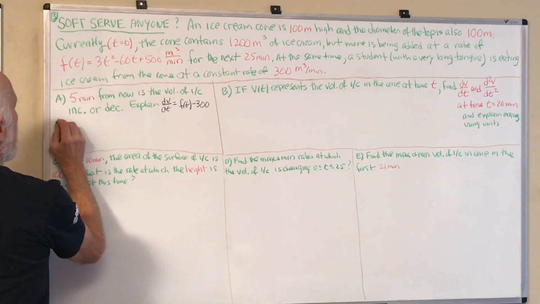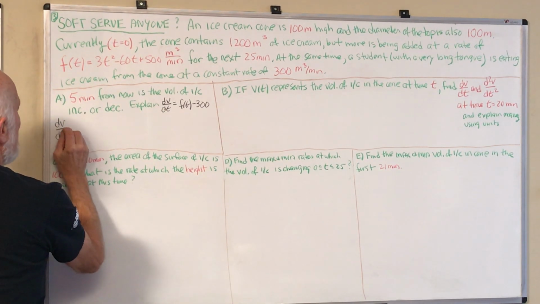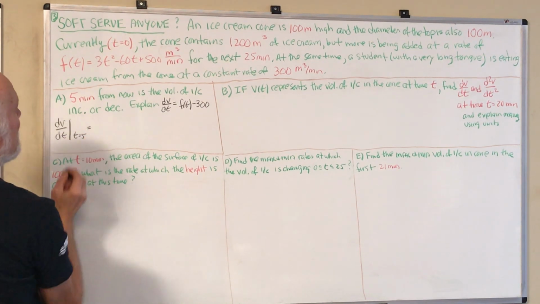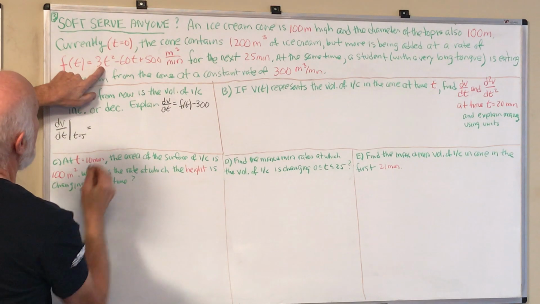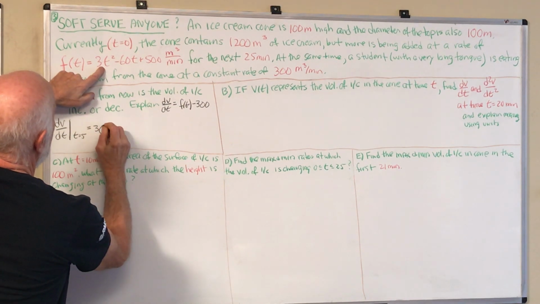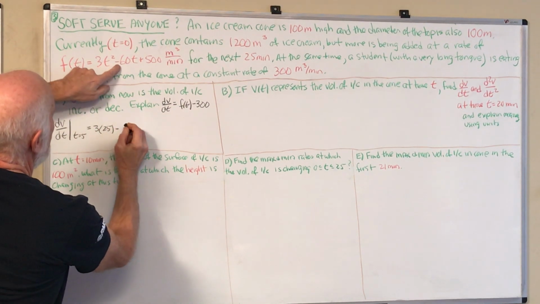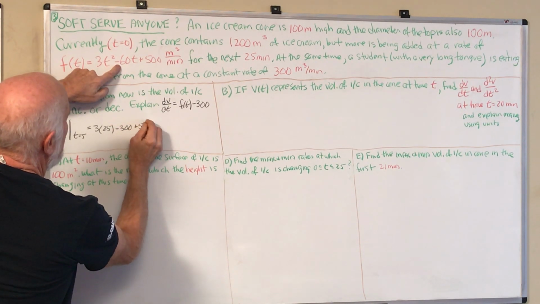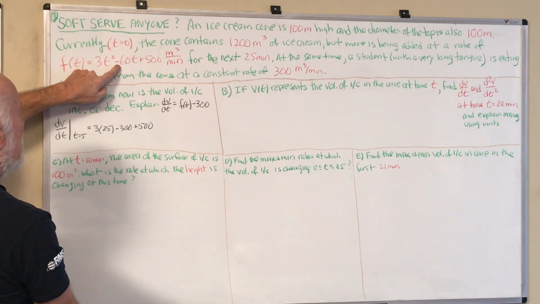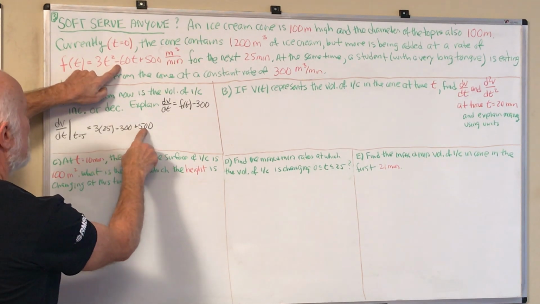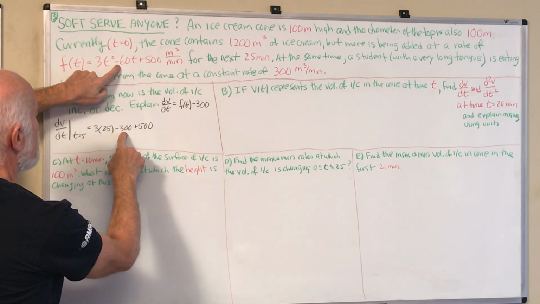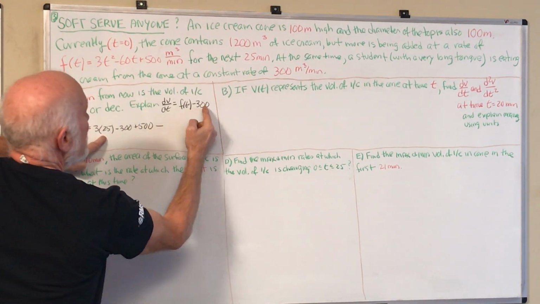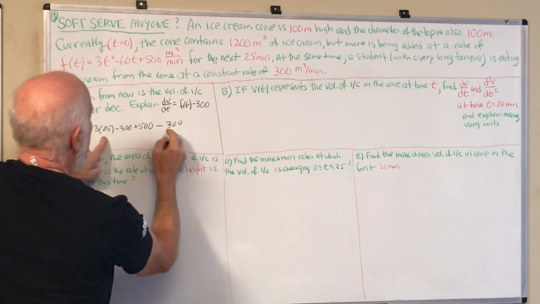So if you want to know dV/dt at t equals 5, you just put f of 5, so 3 times 25 minus 300 plus 500. So we get 200, let's see. And then we have to subtract the 300 over here.